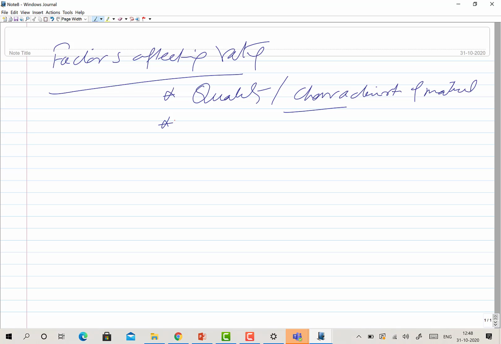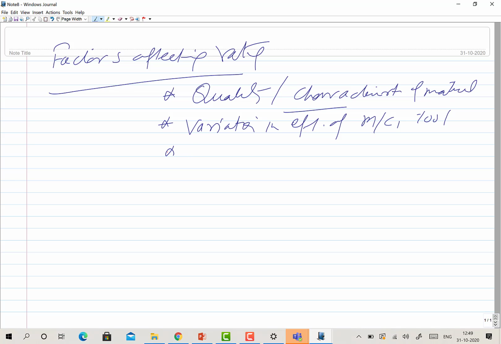Similarly, there can be variation in the performance or efficiency of the systems used, like machines or tools, which can also change the rating or the output.